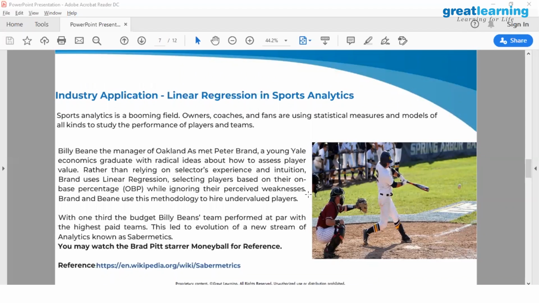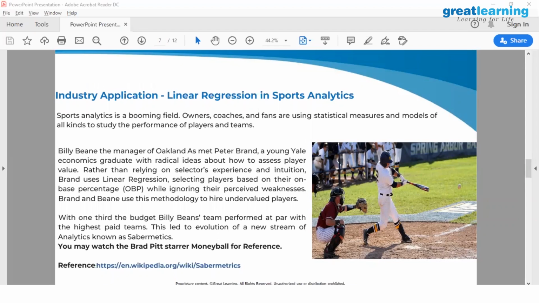If you have watched the movie, they had very little budget to hire players after the big depression of the Oakland team. He wanted to win the matches, so he used a different technique. Certain players were hurt, and their base prices were very low. Using his techniques and ideas, he picked players at very low prices, and they were still able to compete in the overall matches.